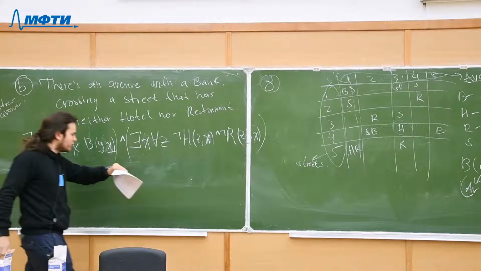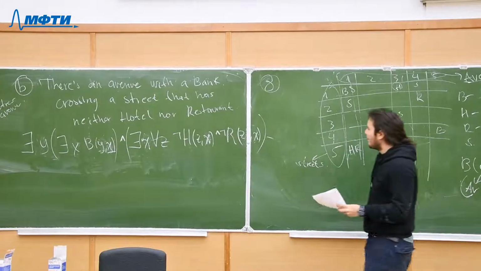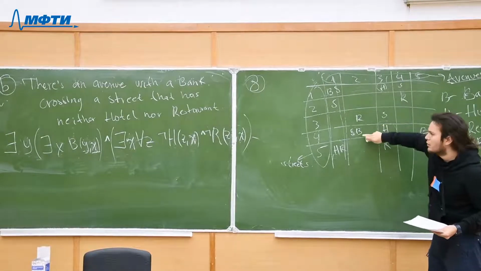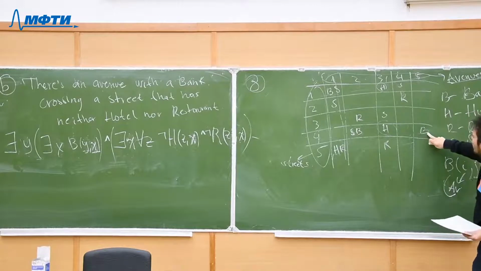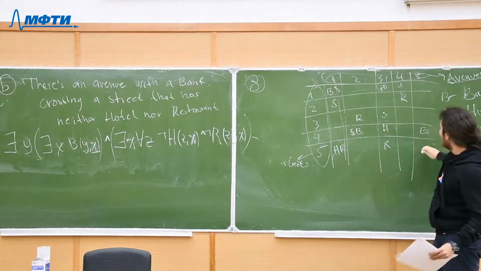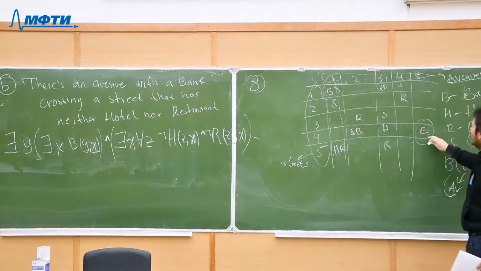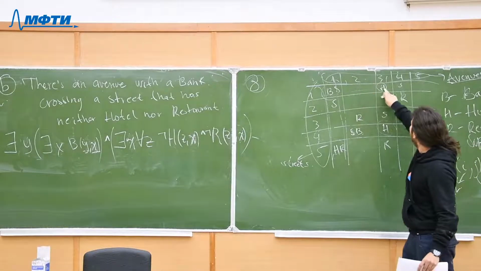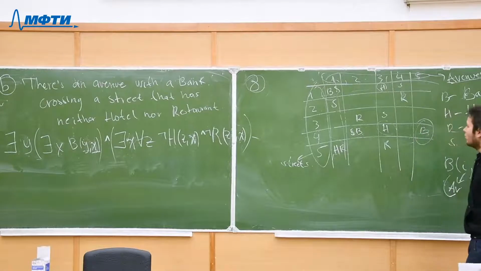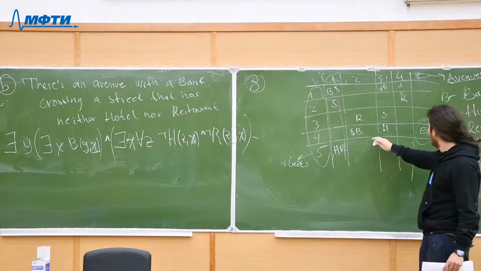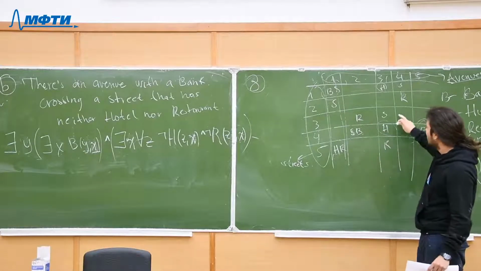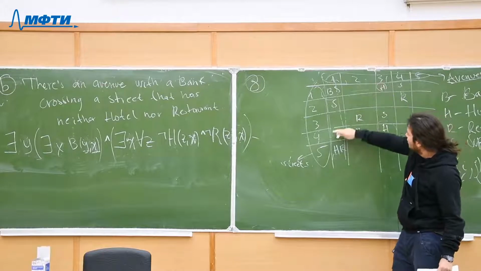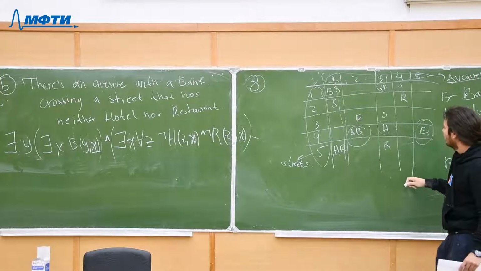So, is it true or false? So there's an avenue in which there's a bank, right? And here there is no bank. Well, we have this option or this option, right? And there cannot be a hotel or restaurant. But we have a hotel here.